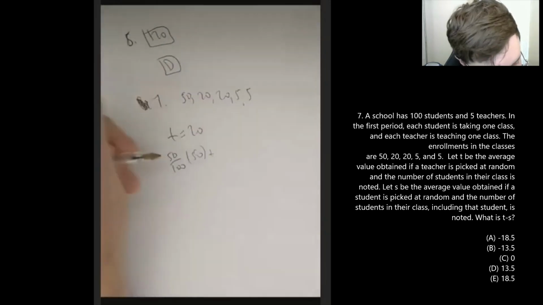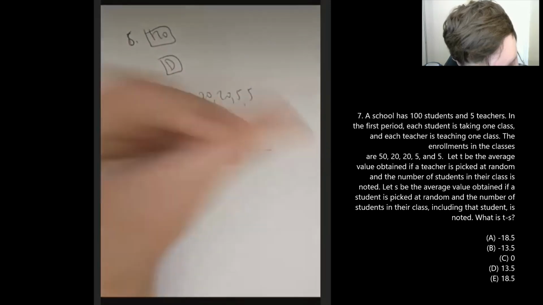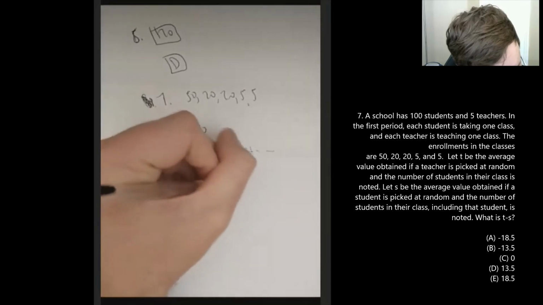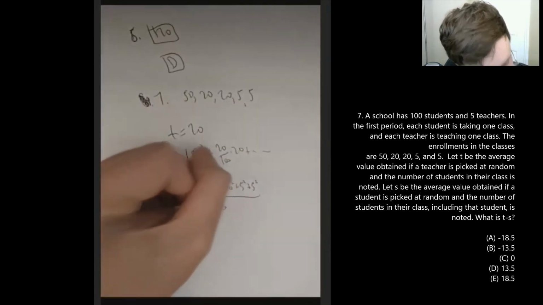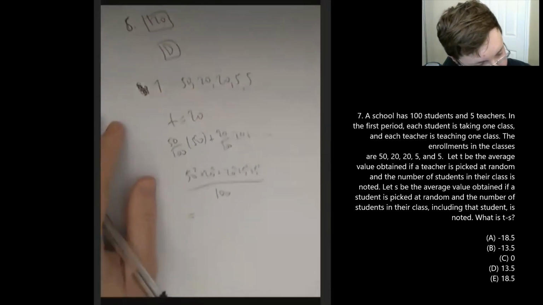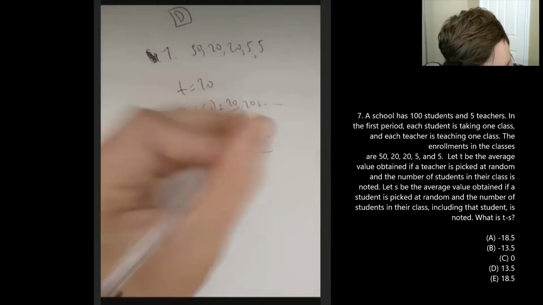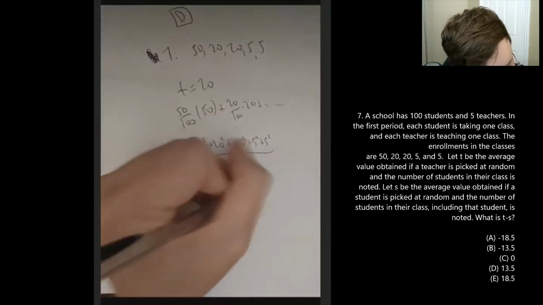So yeah, then 20 over 100 times 20, and so on. So it's 50 squared plus 20 squared plus 20 squared plus 5 squared plus 5 squared, all over 100. That's 2,500 plus 400, 400, 800, and then plus 2 25s.